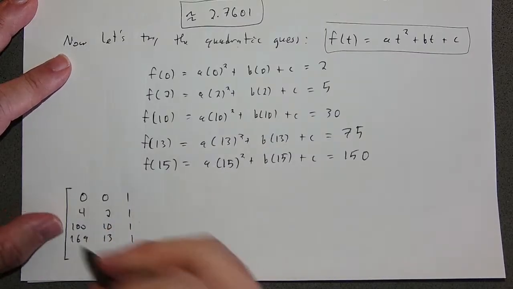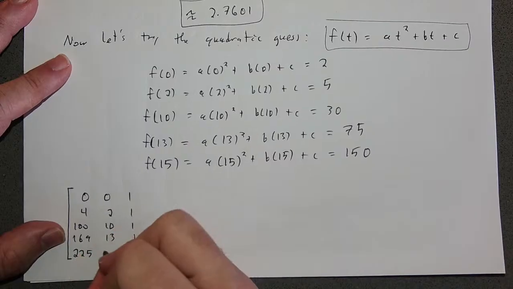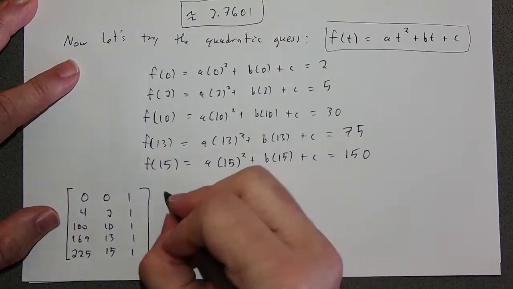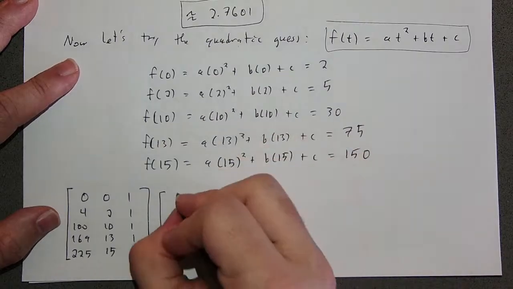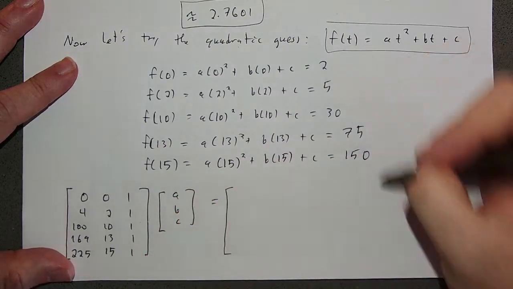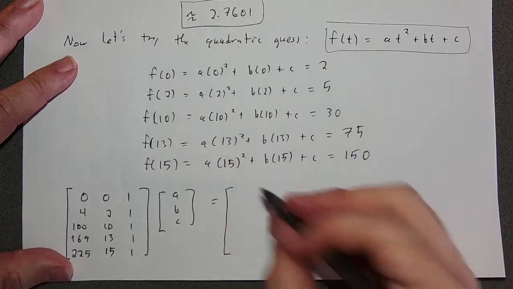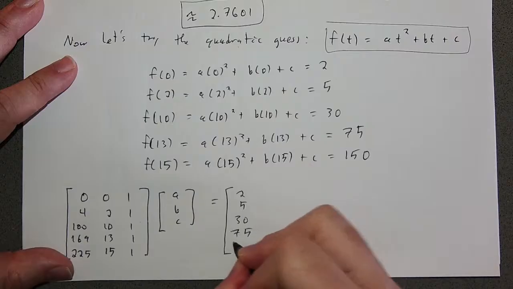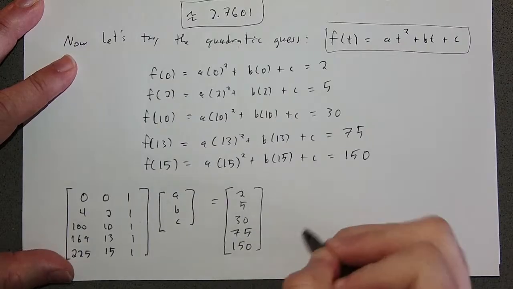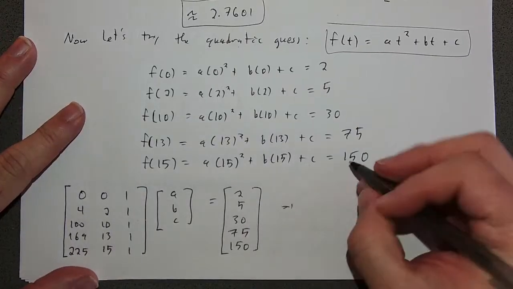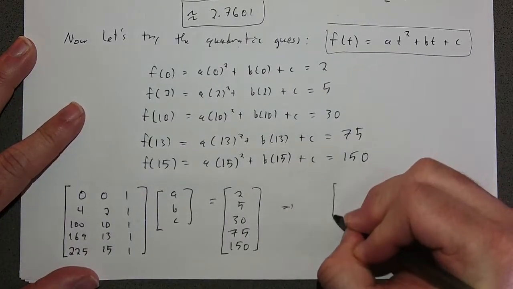And then I would get 225, 15, 1. Times the vector a, b, c is equal to my right-hand side containing these values on the right here in these equations. So 2, 5, 30, 75, 150. Okay. Find the least squares solution.